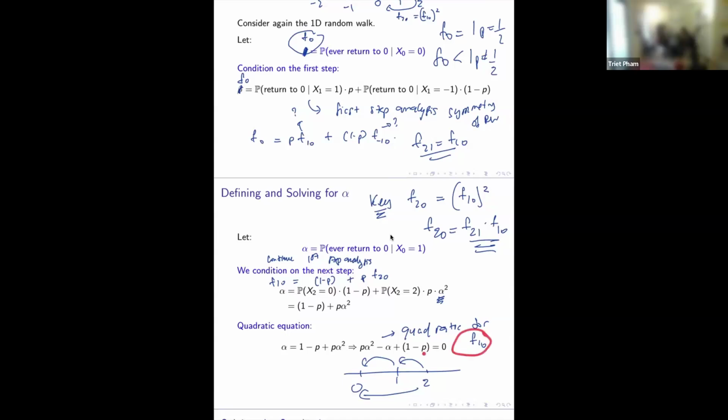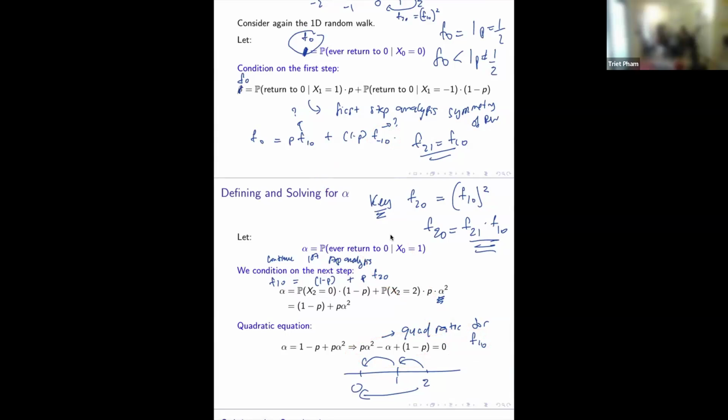Because notice, when p equals 1/2, then we can solve for f10 right away and plug that in. And f minus 10 by symmetry will be equal to f10, right? And when p is not equal to 1/2, then we can look at them and do some more sophisticated analysis.